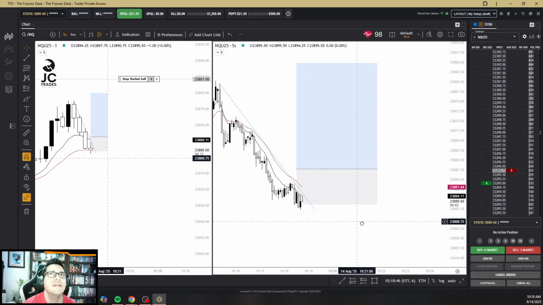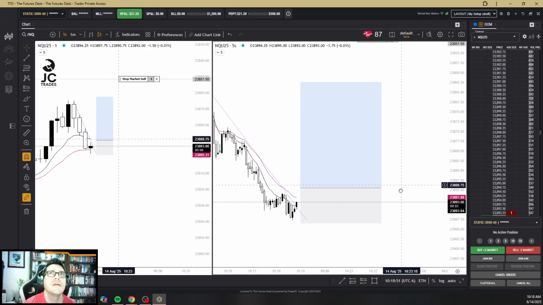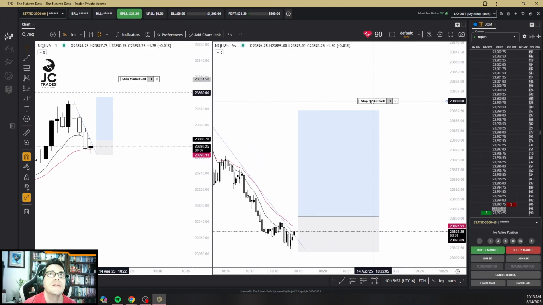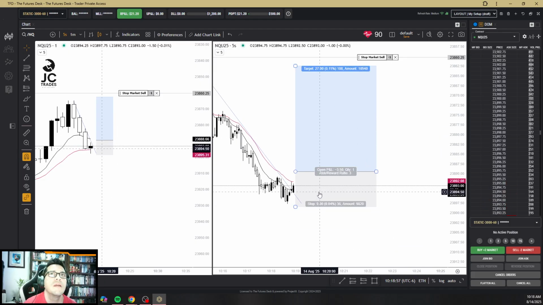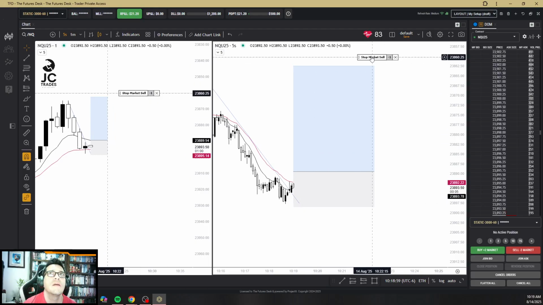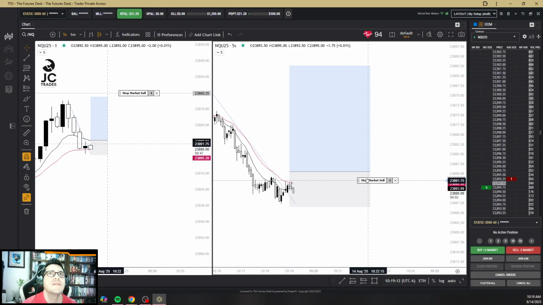This is still valid if we see buyers come in to give an entry opportunity. So there's a double MB here, but the EMAs wouldn't still be rising as much as we would like to see.